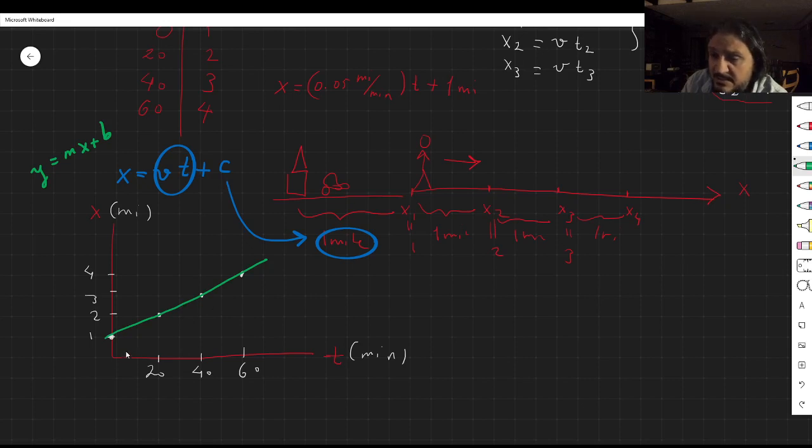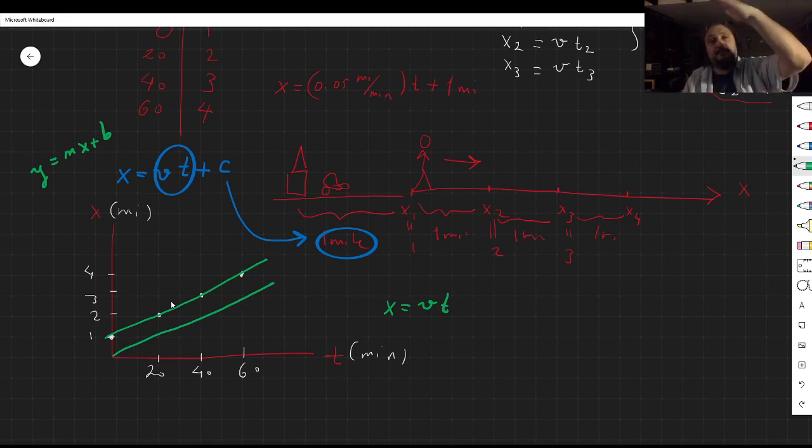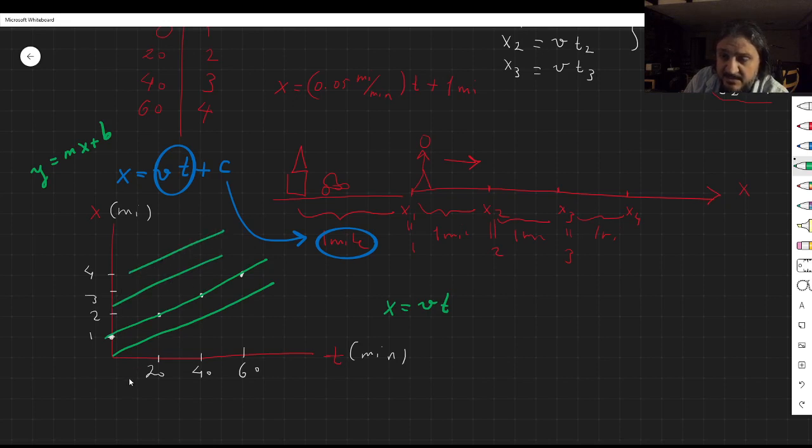The other one, when we had this before, x equals just Vt, where x meant the distance you traveled, our graph was like this. But now it's shifted, okay? Its slope did not change, it just shifted above. This means you can have as many as you want. You can add more lines here, as long as they're parallel to the original line.